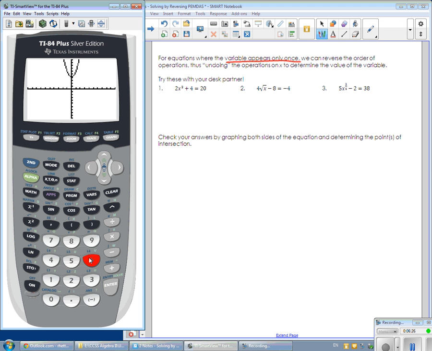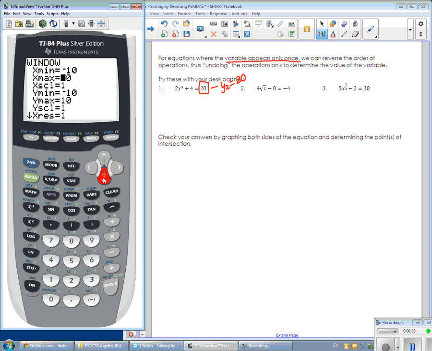Okay, I don't actually see the 20, and that's because I need to adjust my window. My y max is only 10, so if I have an equation here where y is equal to 20, I need to make sure my maximum is high enough. So I'm going to go down and make my y max 30. And so if I graph, there's the parabola, there's the 2x squared plus 4, and there's the 20.